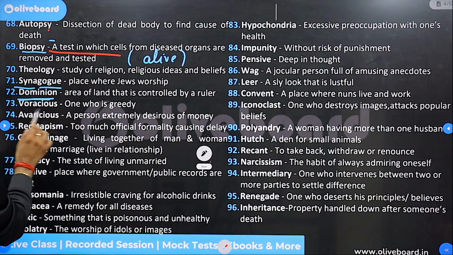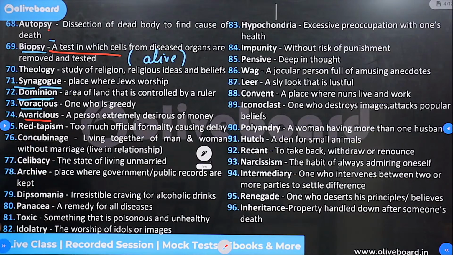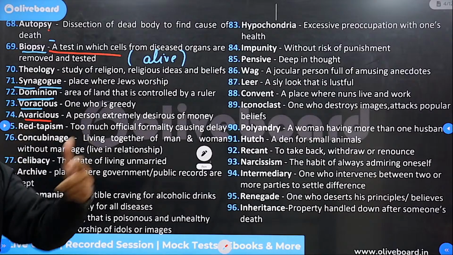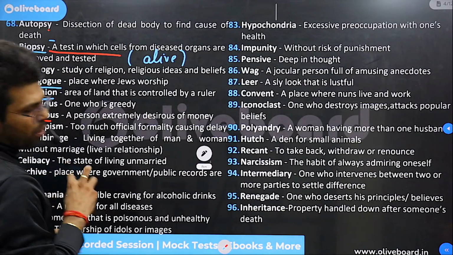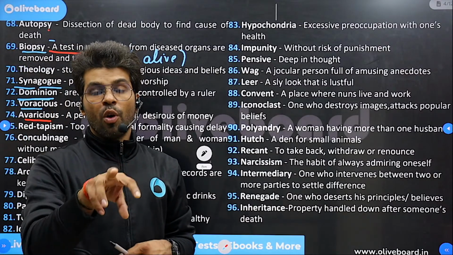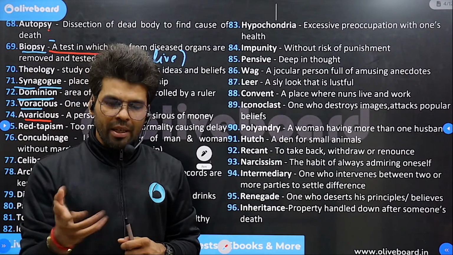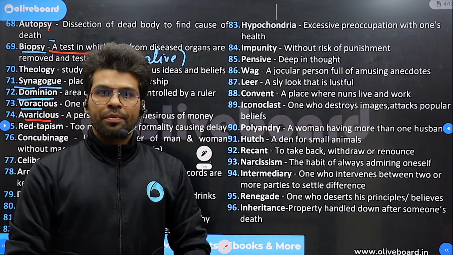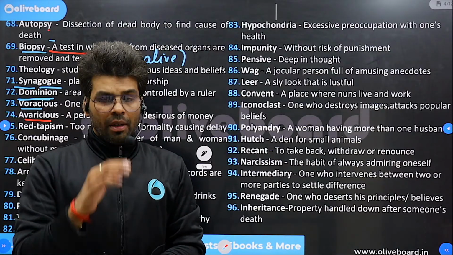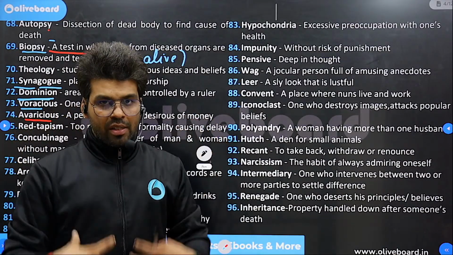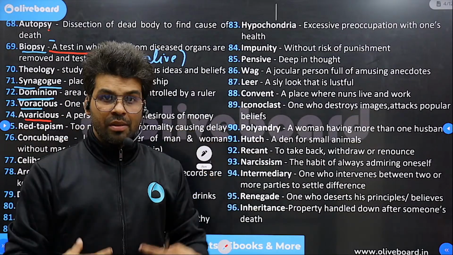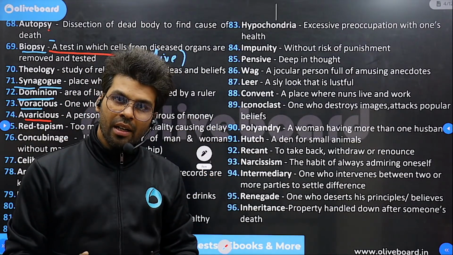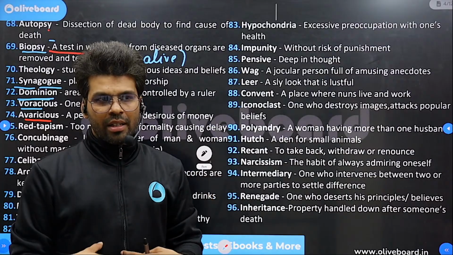Voracious, avaricious: both mean someone who is greedy, but both of these are from the same root word, vor. Remember, carnivorous, eating meat. Omnivorous, eating everything. Herbivorous, eating herbs.